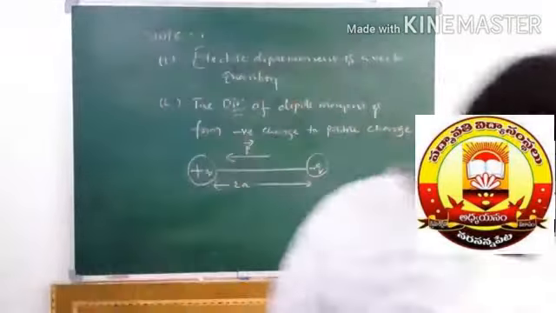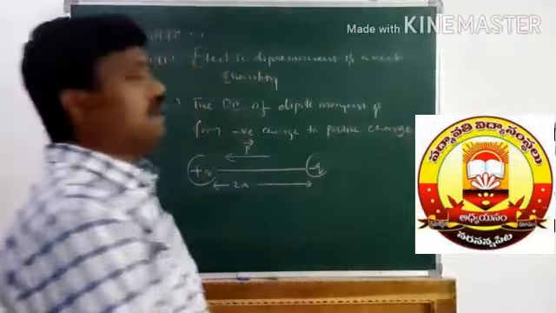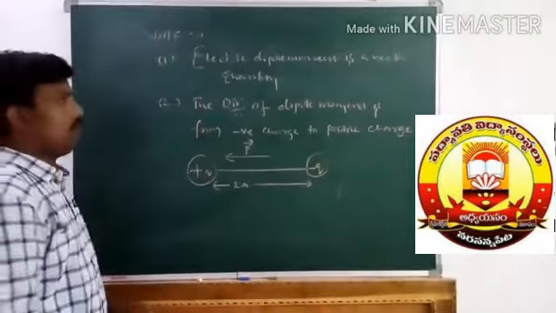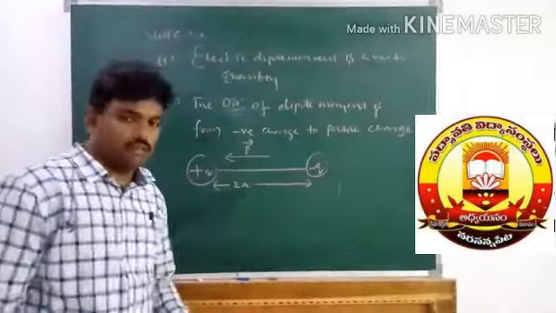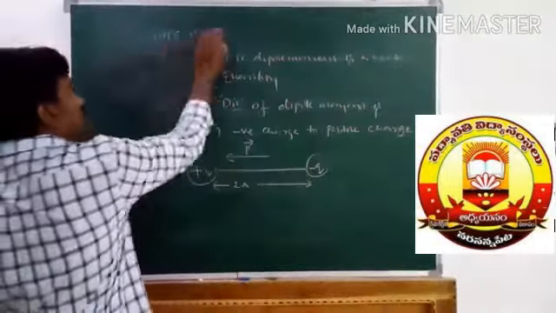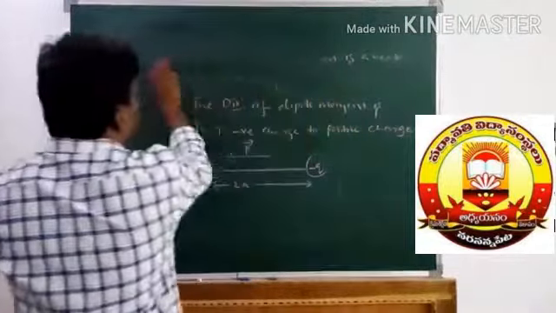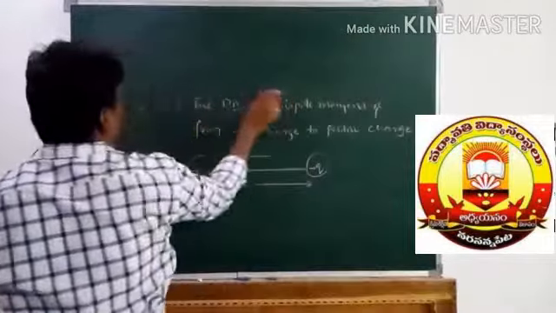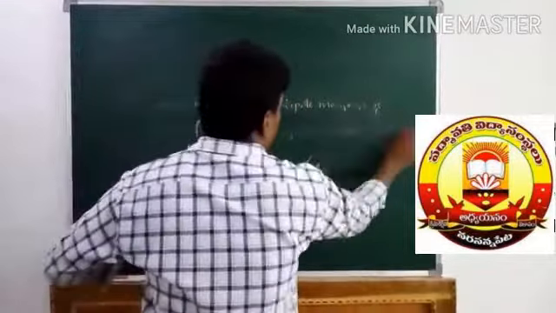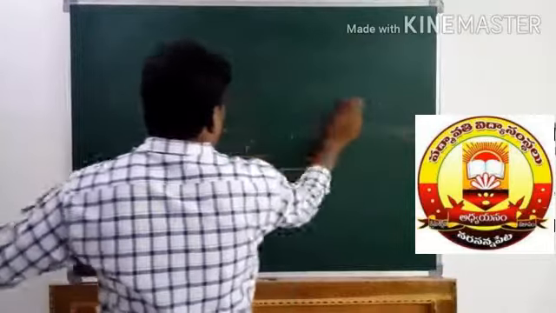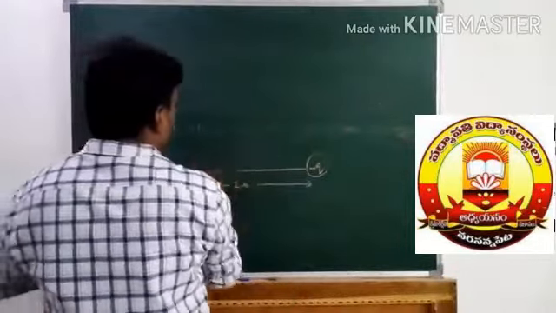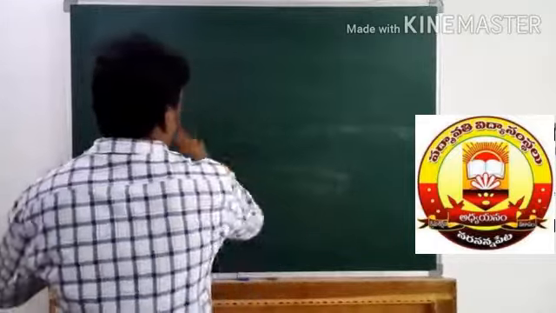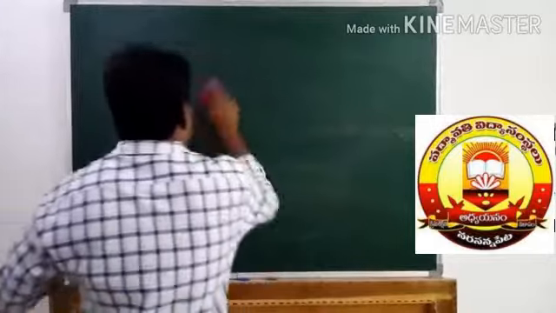After this, regarding the electric dipole, we have to understand two terms. The first one is the axial line and the second one is the equatorial line. What is the axial line?